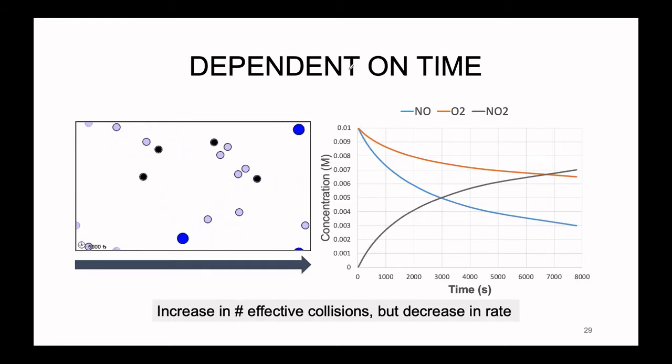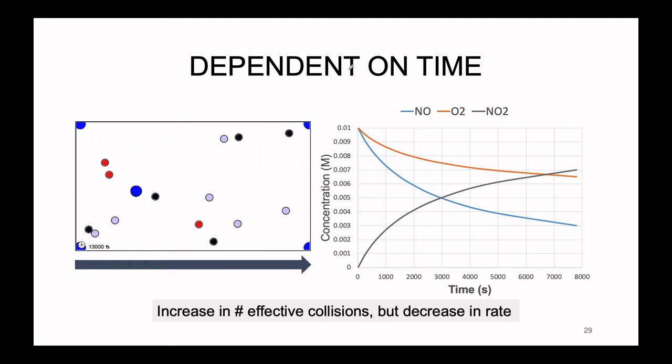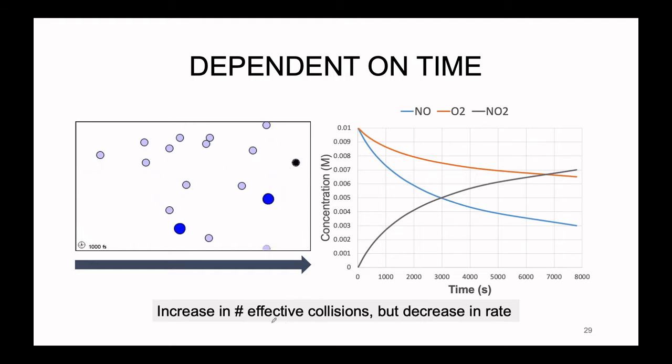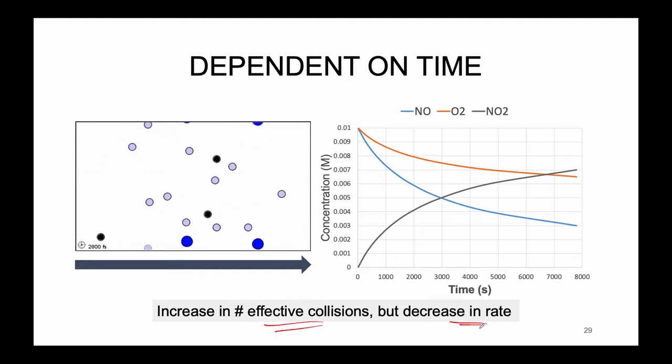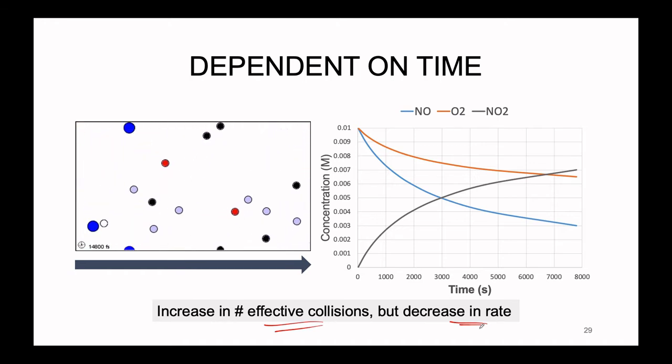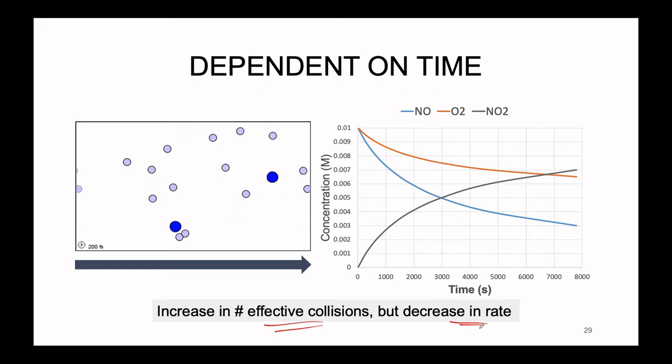All right, so again, our reaction rate is going to be dependent on time. And as time progresses, the number of effective collisions is going to increase, but our rate will still decrease as time progresses. Now we can explain this visually using the GIF that's moving on our slide right now.